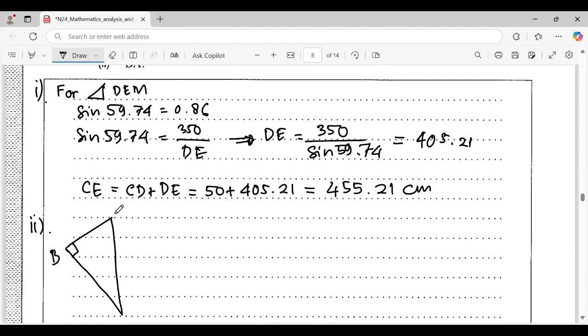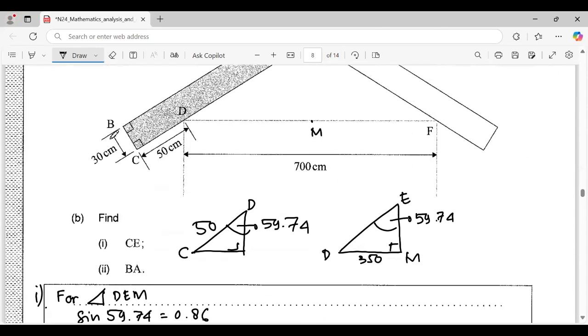B, for example, this is N and this is C. According to the information that is 30 and this angle is 59.74.